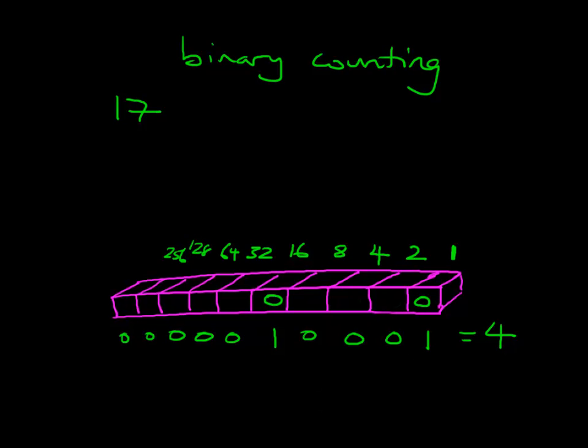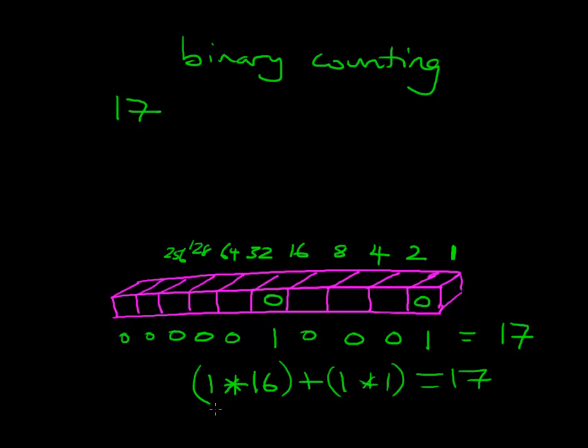So that will be 17. And if we look at this, it's essentially saying 1 times 16 plus 1 times 1, so that's the 1's column and the 16's column, is 17. And because it's binary, we only ever can have 1 in there, so it's really just saying 16 plus 1 is 17.